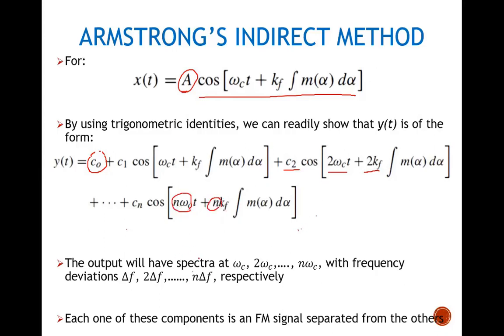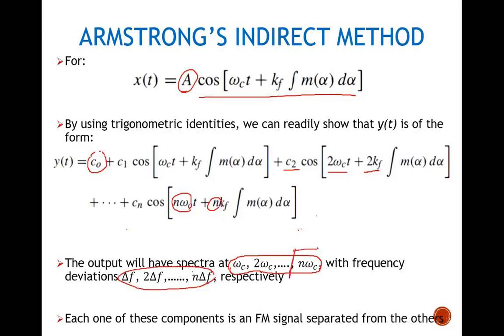So the spectrum at the output will have all these frequencies, and all these frequencies will have all these deviations. Each one of these components is an FM signal separated from the others, so it depends which one we want.